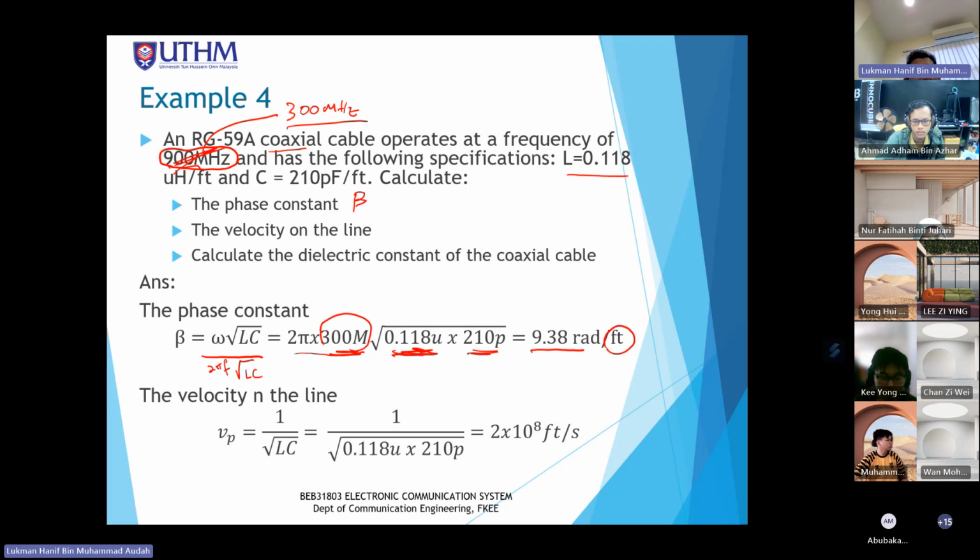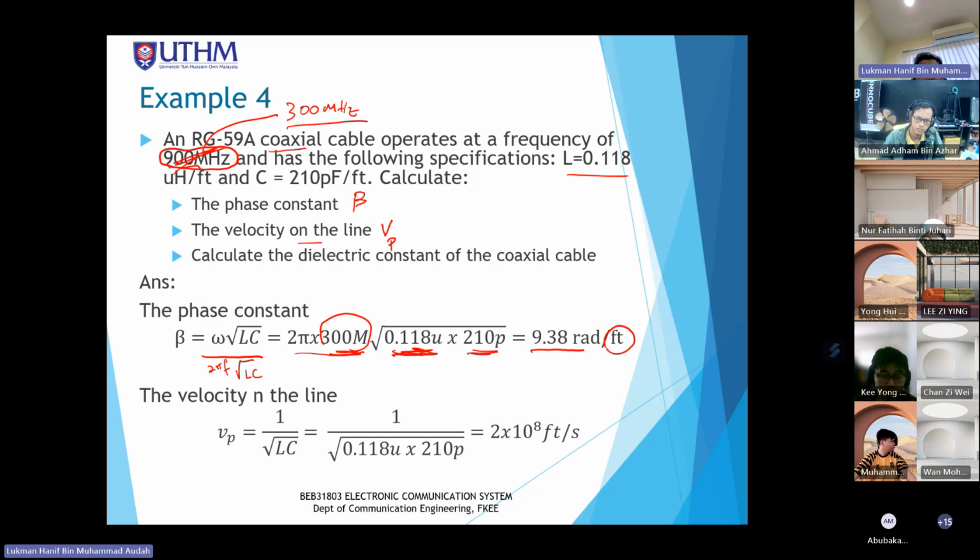The second question asks you to find the velocity on the transmission line. This is to ask you to find the value of Vp, the phase velocity, the actual speed of the wave that travels through the transmission line.